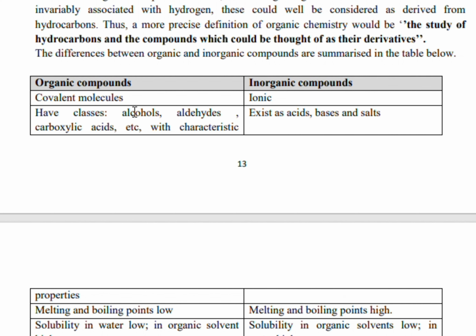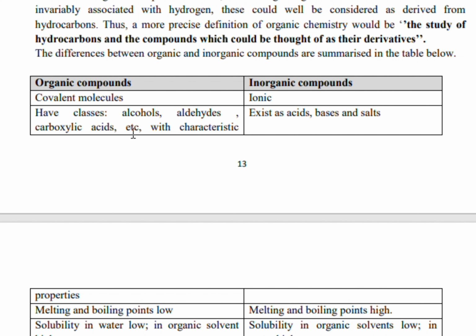If that difference is less than 2, the compound will be a covalent compound. But if the difference is greater than 2, that compound will be classified as inorganic. We will see how we can differentiate these bonds.